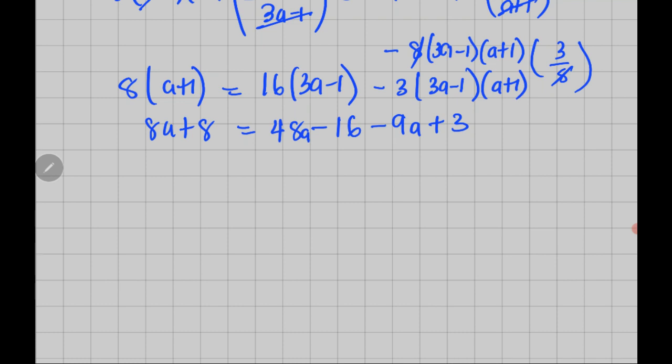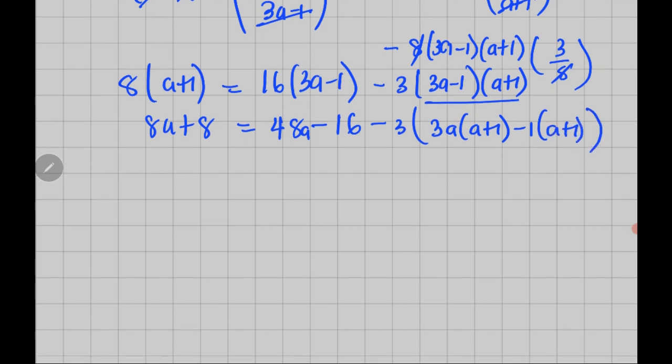Right? Or we can say, let me rub this off. We can say minus 3 and we expand this. It becomes 3a times a plus 1 minus 1 times a plus 1. You see?